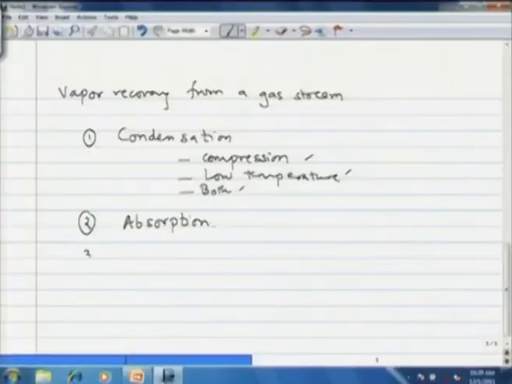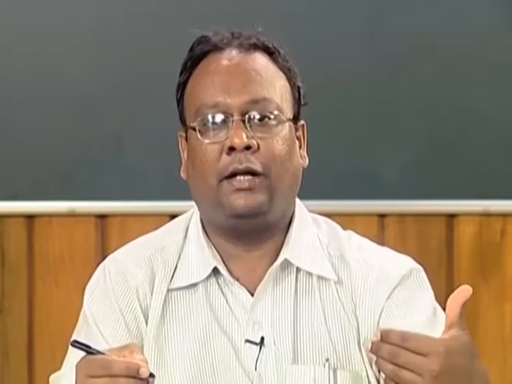The third option will be that of adsorption, where we will use a certain adsorbent for removal of acetone, but again to recover acetone from the adsorption process, we will have to regenerate the adsorbent by desorption. That could be either thermal desorption or pressure swing desorption, and so on.